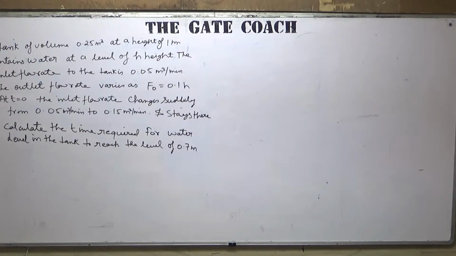I have used this equation. So h of t plus 0.7. Why is it 1 meter above?